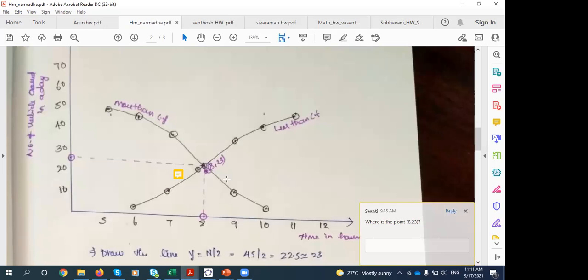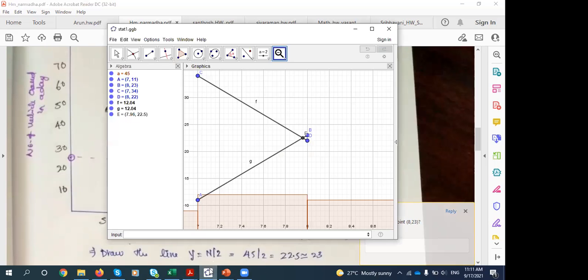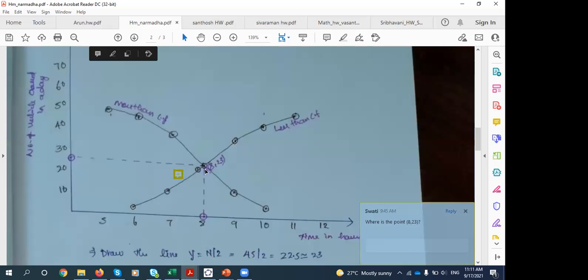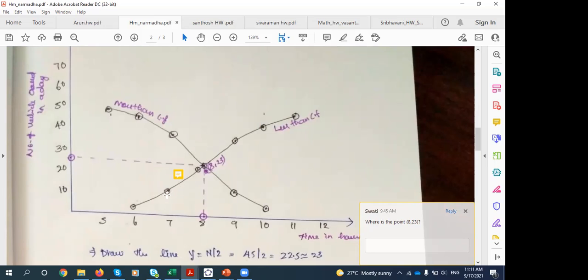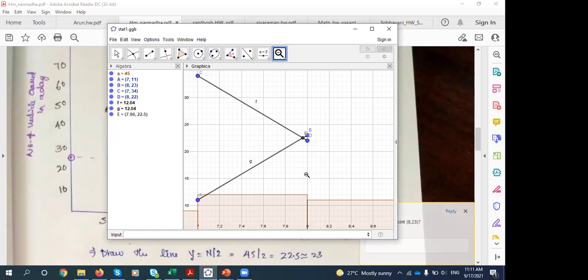Now, as you can see, the way you have drawn it, you have hand drawn it, so you can approximate, right? And you make the median exactly at 8. That is an approximation. But the moment you try to prove the same thing in GeoGebra, I'm basically plotting these two, 7 to 8, and these two, 7 to 8. Okay, you can see that they're intersecting.